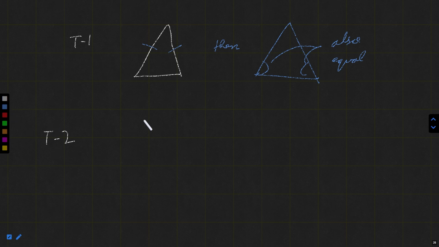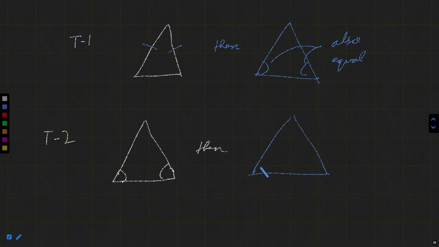Theorem 2 gives that if my triangle is given and these angles are equal, then the opposite sides of these angles must also be equal.